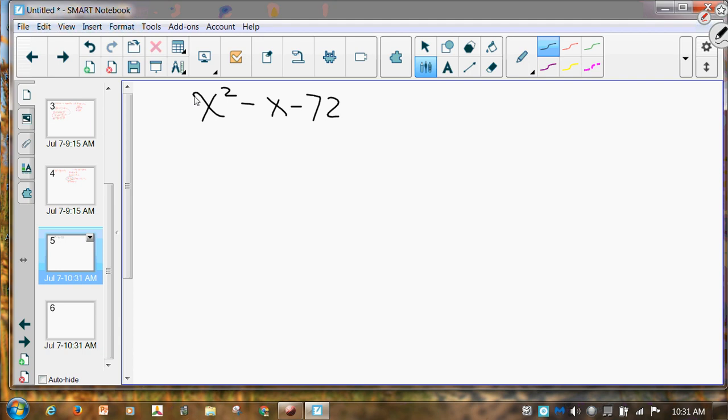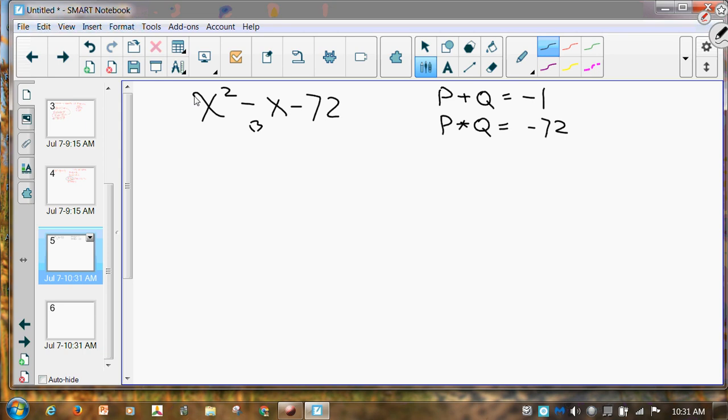The easiest way to do this, if it doesn't just jump right out at you, is to pick the right numbers. We want P plus Q to equal minus 1. That's the B term, right? And then we want P times Q to equal minus 72.